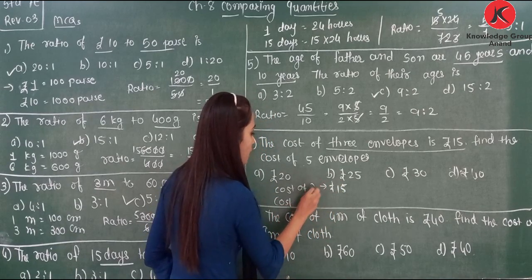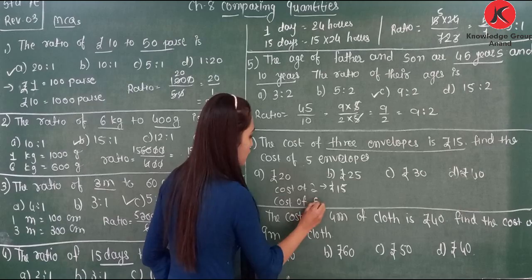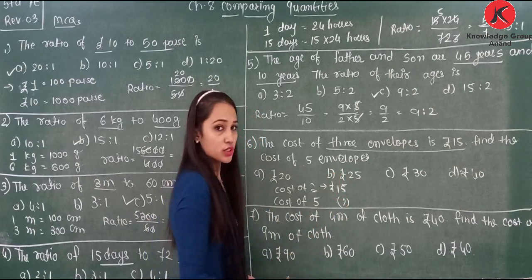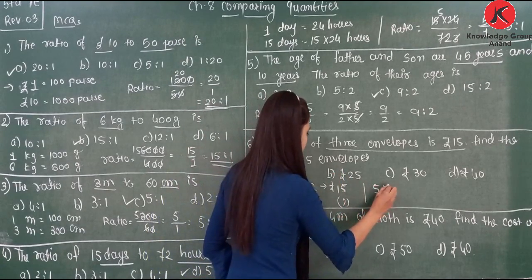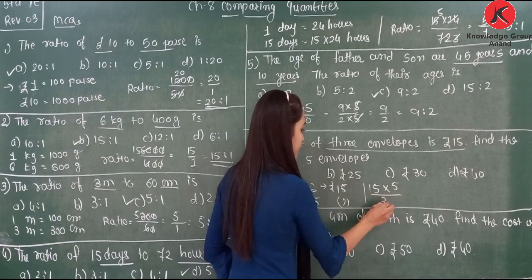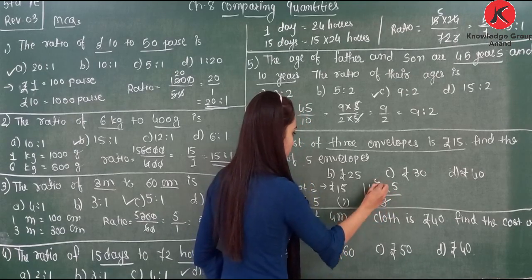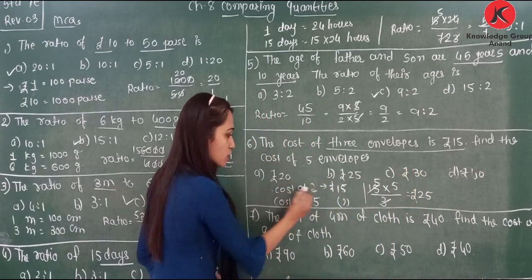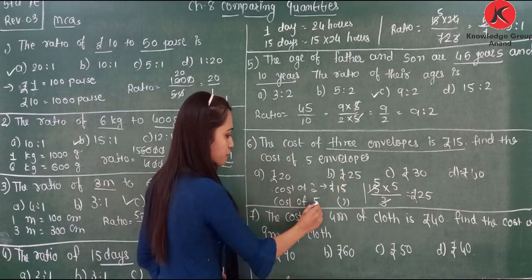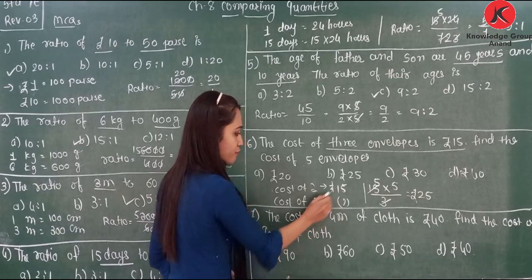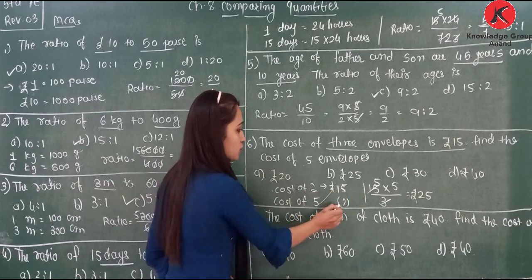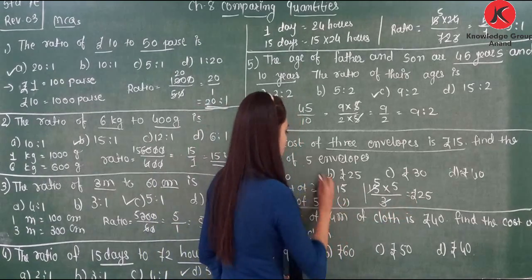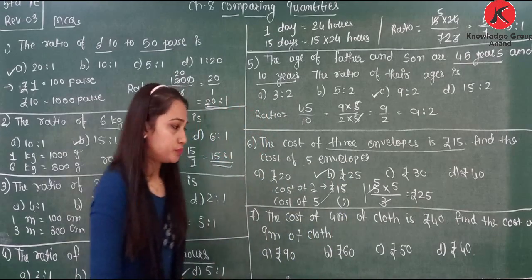Cost of 3 envelopes is 15 rupees. So cost of 5 envelopes how much? Now cross multiply. 15 multiplied by 5 divided by 3. It is 25 rupees. So it is option B.